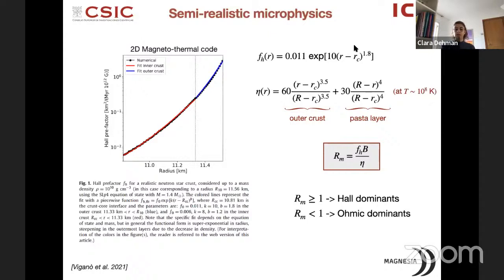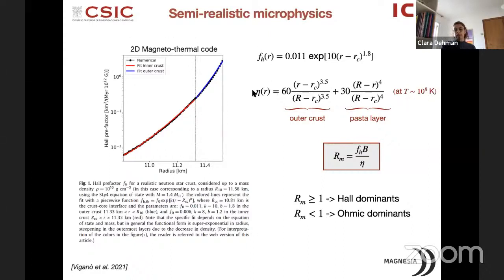Now for the magnetic resistivity, things are a bit more complicated because this parameter is very sensitive to the temperature evolution. So what I am providing here is an analytical expression that shows a higher magnetic resistivity in the outer crust and in the pasta layer. This analytical profile is comparable to the realistic profile of the eta parameter from the microphysics of the 2D code at a temperature of 10^8 Kelvin.